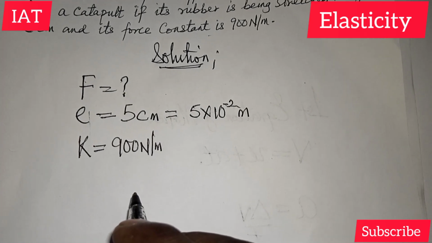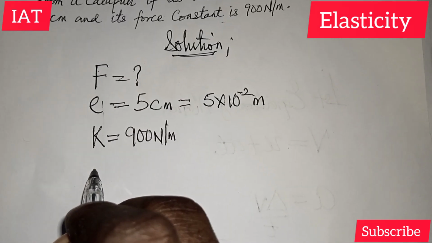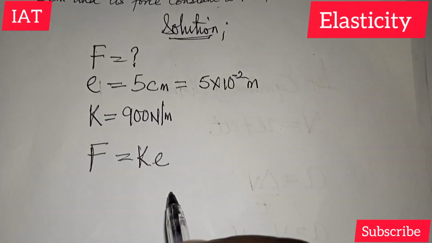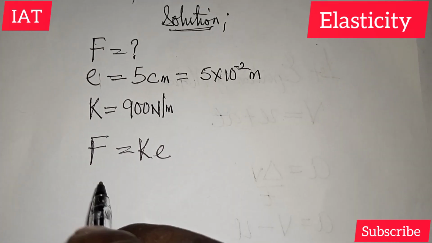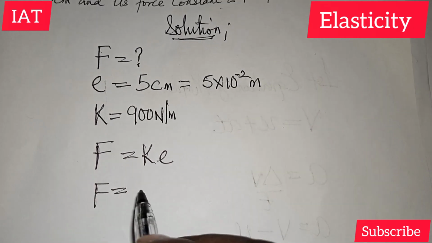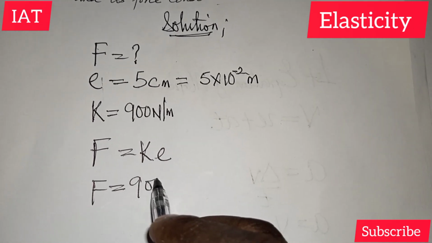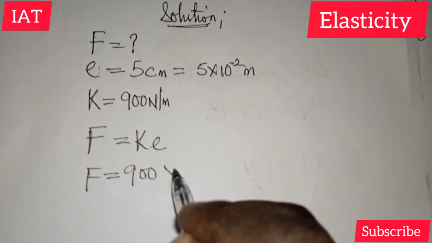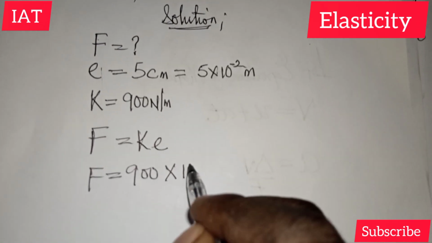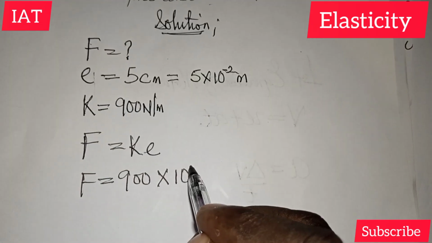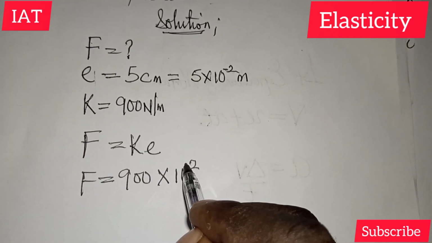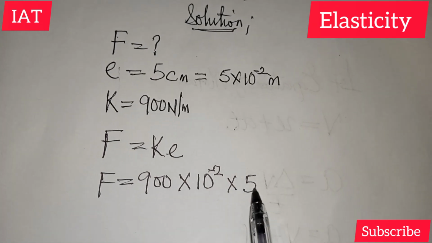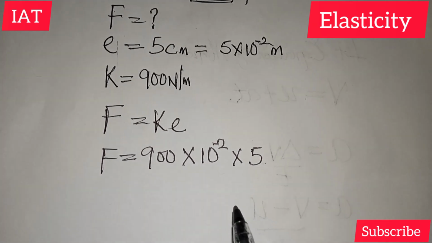When we talked about Hooke's law, we introduced the formula F is equal to KE. At this point we're looking for F. So F will be equal to 900, which is the value for K, multiplied by 5 times 10 to the power of minus 2.